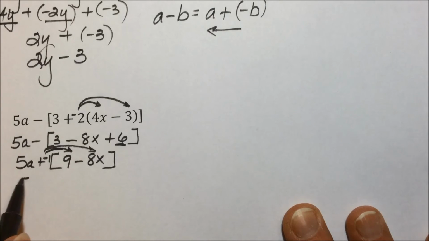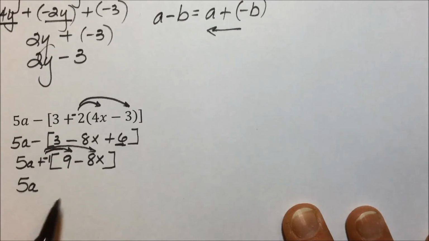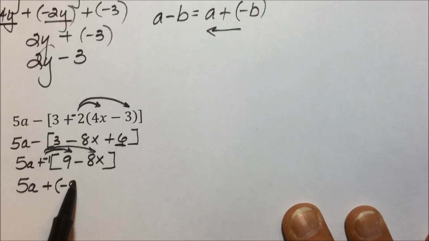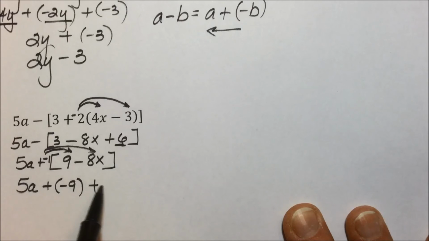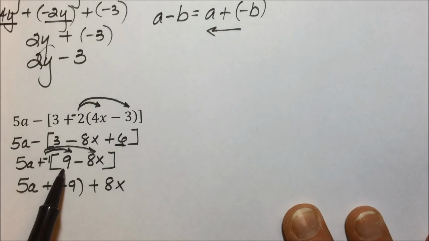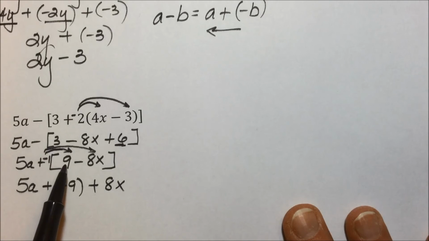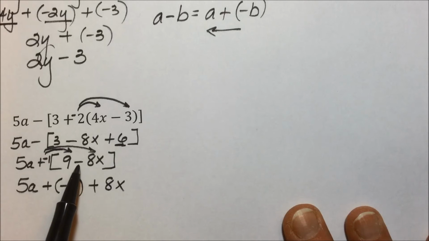And at some point, we recognize that all the signs change to the opposite of what they are. But to illustrate it again, a negative 1 times 9 is a negative 9. A negative times a negative is a positive, 1 times 8x is 8x. And if you look, this was a subtraction of this quantity. The 9 is now a negative, and the 8x, which was negative, is now a positive.